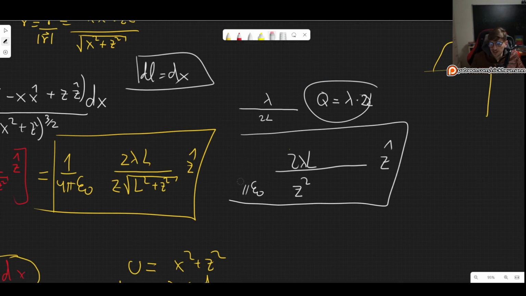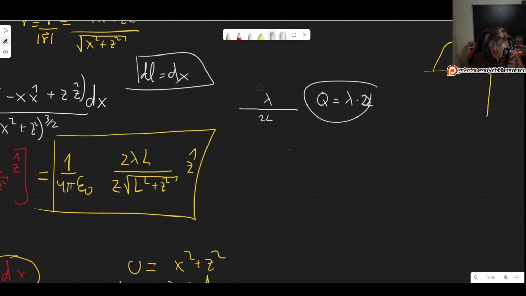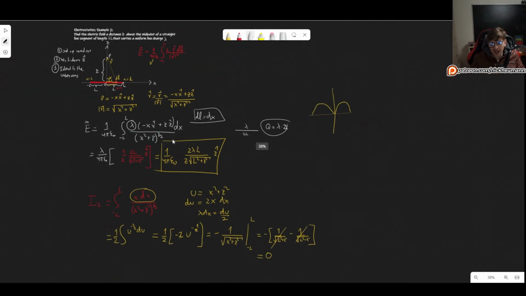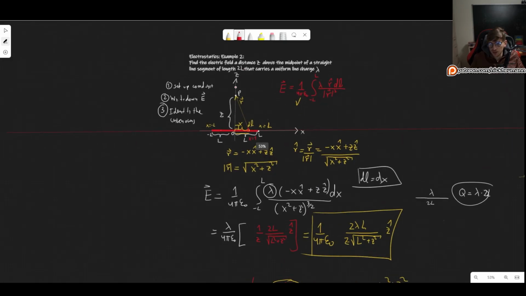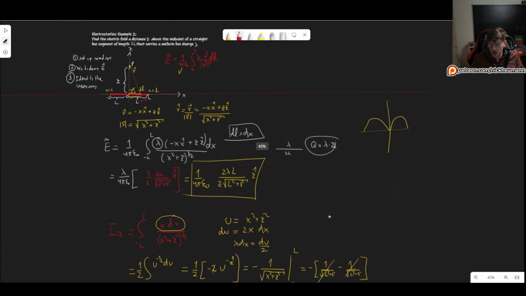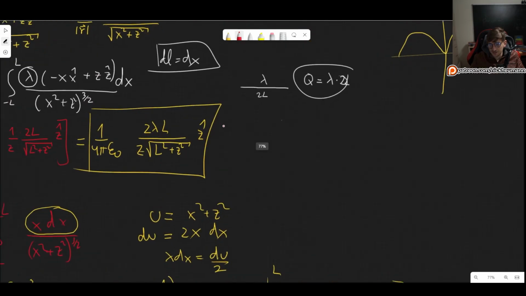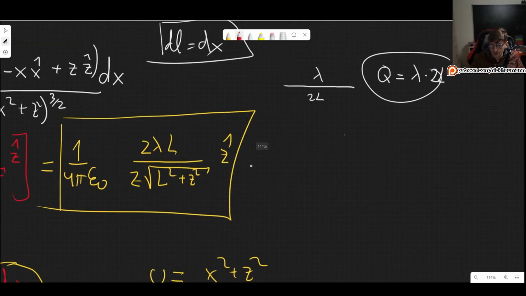Now, what happens in another case? What happens if now L is much larger? What if L is now like an infinite wire? It's ridiculously long. It is basically infinite with respect to this vertical distance. Well, in that case, we would have 1 over 4 pi epsilon 0 and 2 lambda L in the z hat direction.